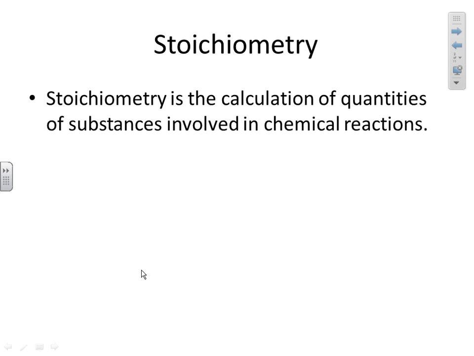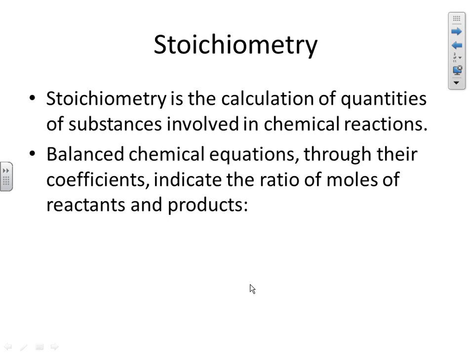The key factor that helps us determine these numerical relationships or these mass relationships is the chemical equation, specifically the coefficients of the chemical equation. The coefficients not only are there to balance out the equation, right?